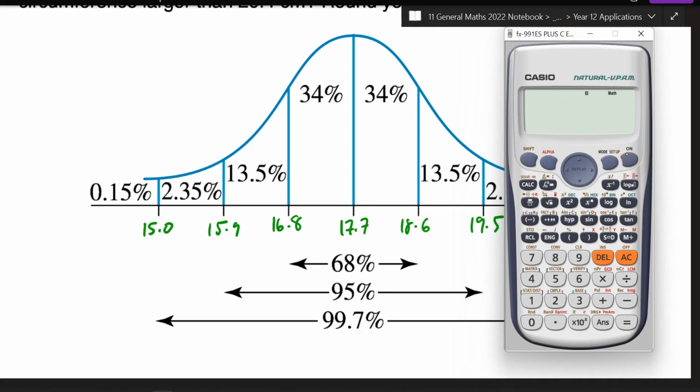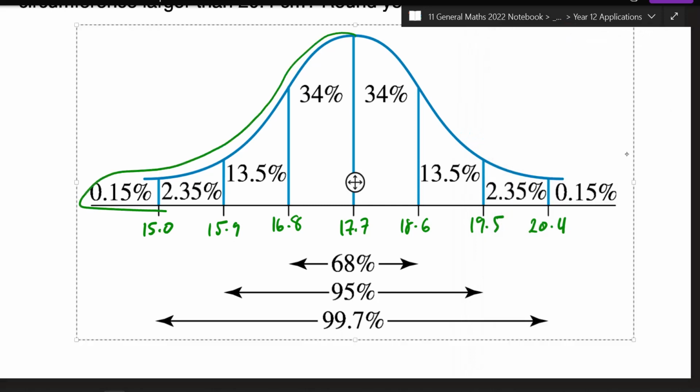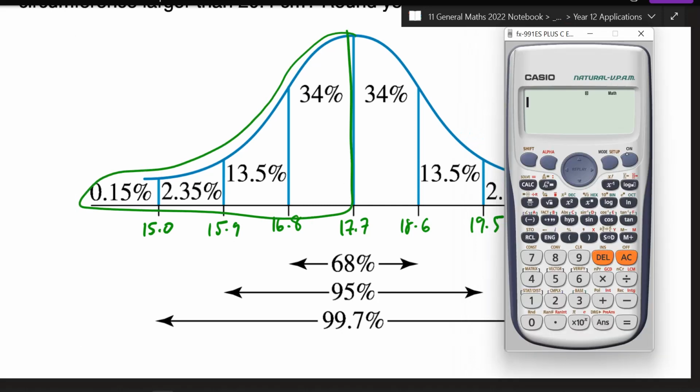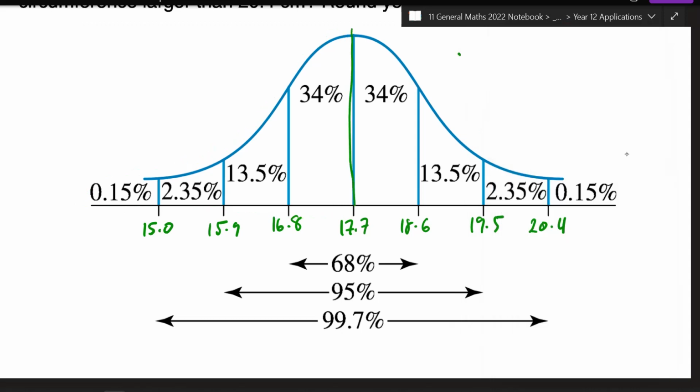I could try and add all of these values. But before I do, what am I adding up here? This half of the graph. If it's half of the graph, how much of the data would that be? 50%. So I already know you can't include all of this.